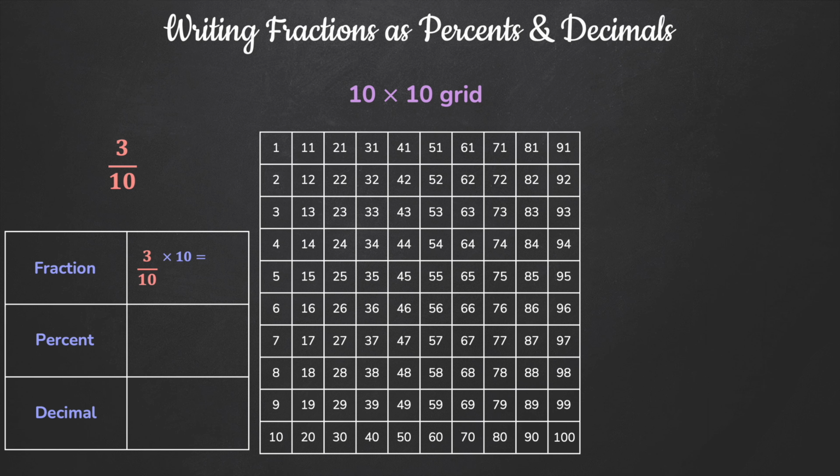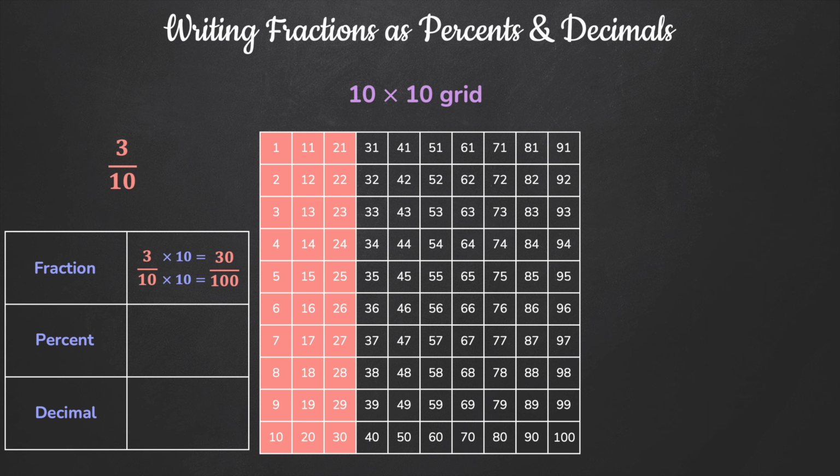So we're going to multiply both the numerator and the denominator by 10. So 3 times 10 is equal to 30, and 10 times 10 is equal to 100. So we're going to go ahead and shade that in. So we have 30 out of 100, which is the same thing as 30% because percents are out of 100.